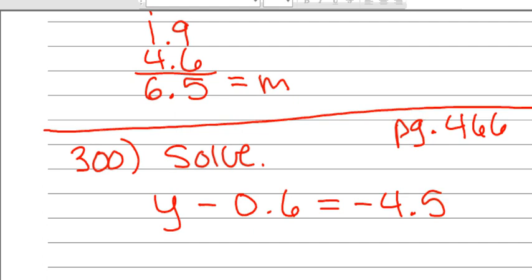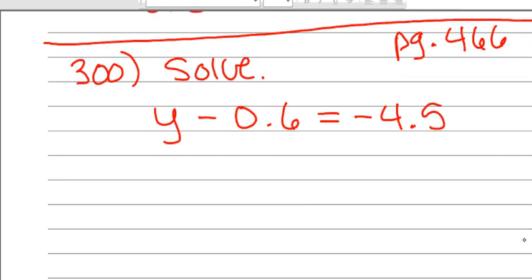So I'm solving for y. I want to get y by itself. I need to get rid of this negative 0.6. Well, what can I do? What's the opposite of minus 0.6? Well, it's a plus.